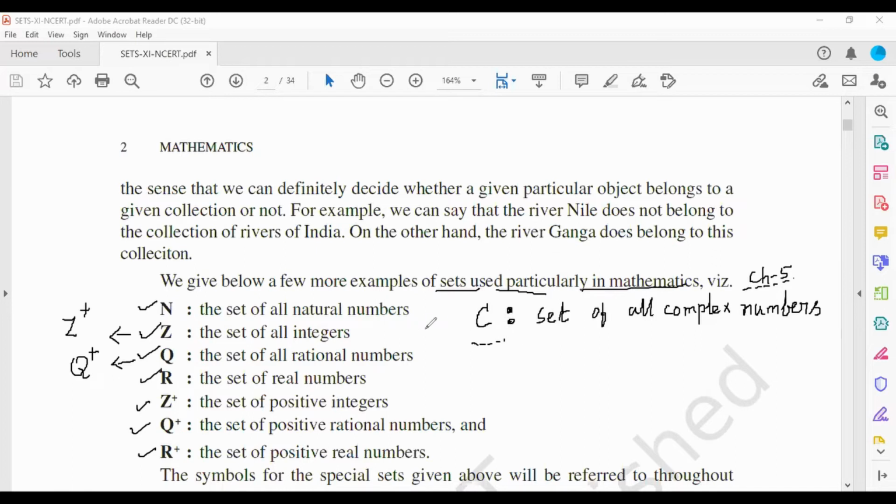So you can include them together along with this. And what is missing? Let me add another: uppercase W, the set of all whole numbers. And you know what the set is.